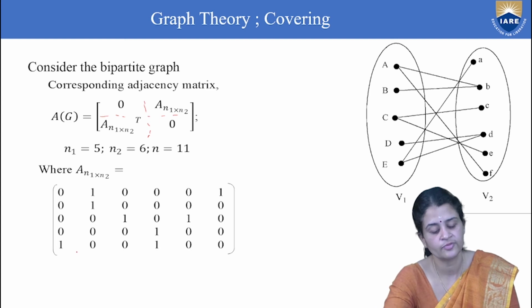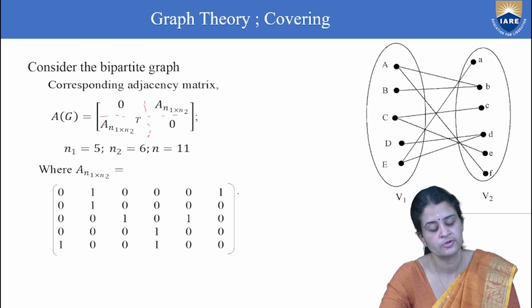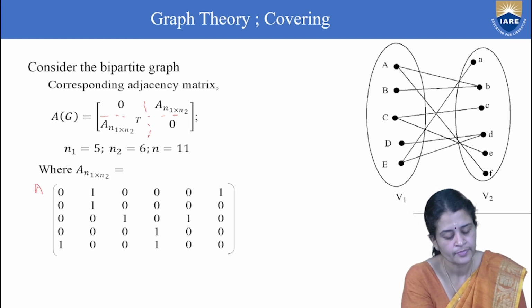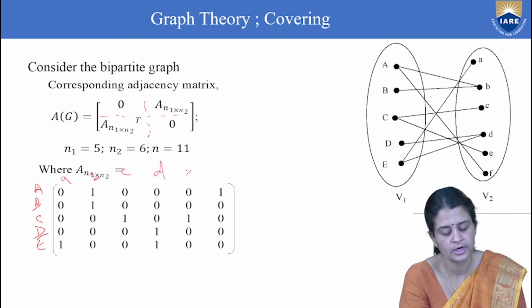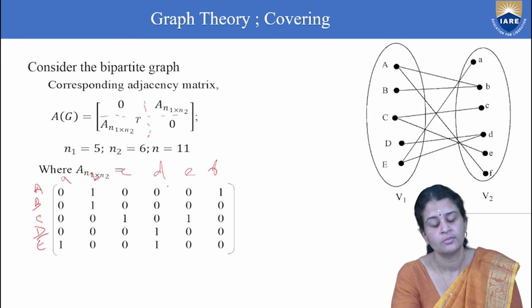So I have this matrix A, N1 by N2, a 5 by 6 matrix, marked like this with these entries. The rows are A, B, C, D, E and the columns are A, B, C, D, E, F. Here A is adjacent to B and F, so the entries follow that condition. Similarly, B is adjacent only to B.